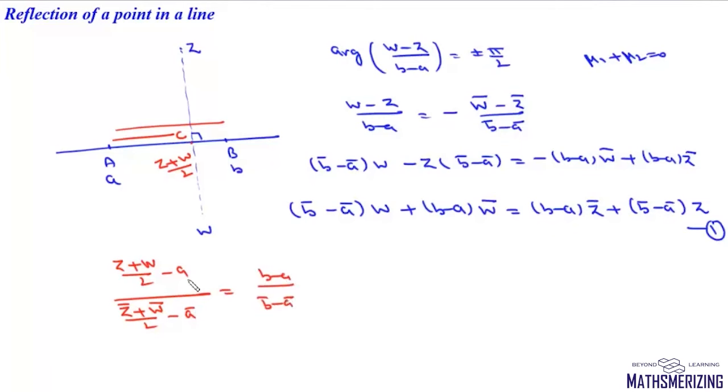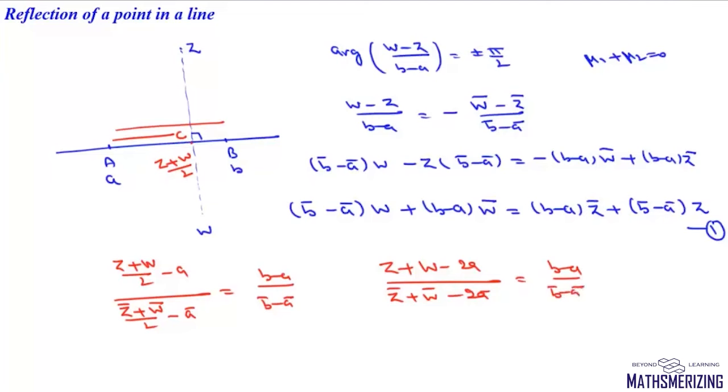Now we'll multiply and divide by 2. We can write (Z plus W minus 2A) upon (Z bar plus W bar minus 2A bar) will be equal to (B minus A) upon (B bar minus A bar).